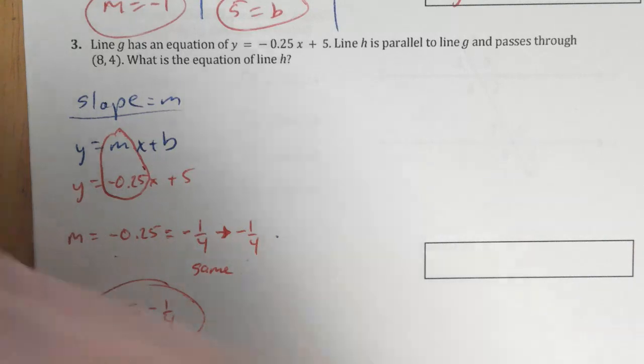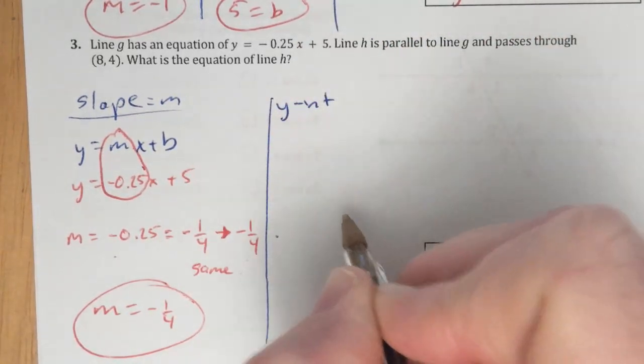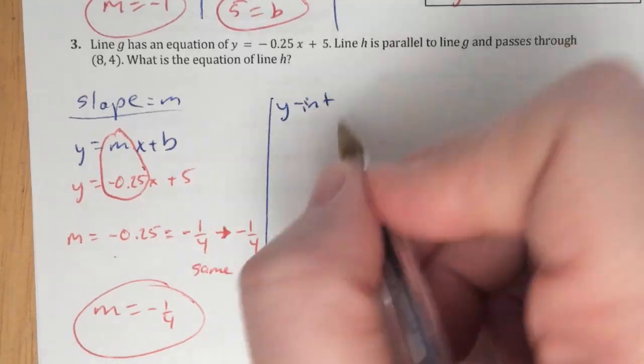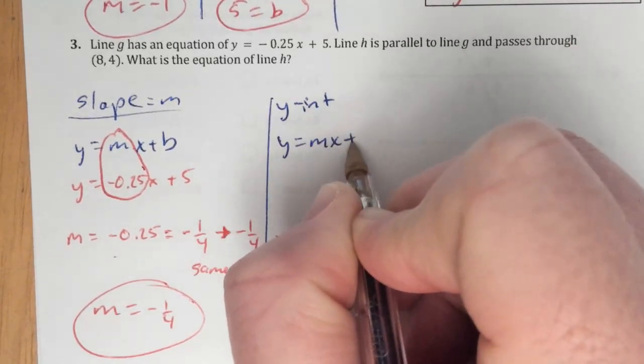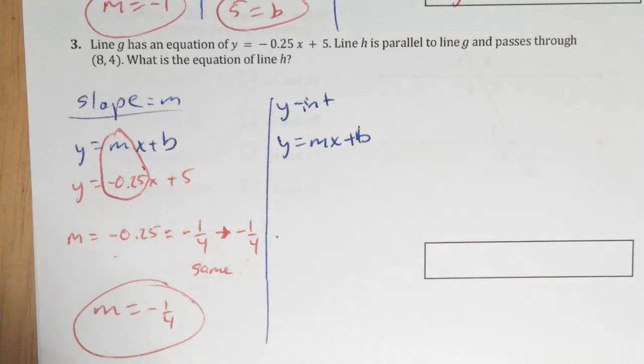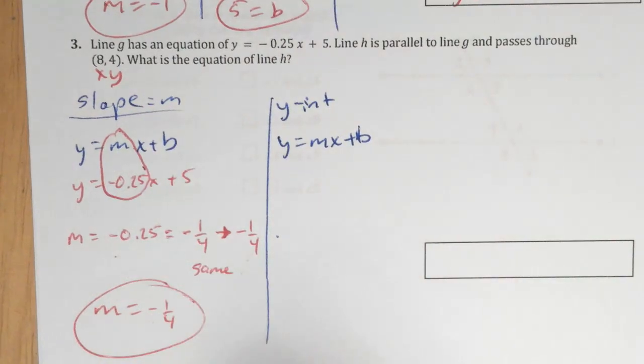So that's my slope. Now to find the y-intercept, there are 2 ways that we could do this. One way is algebraically. So y equals mx plus b. We now know that this is m, and now let this be x and this be y.